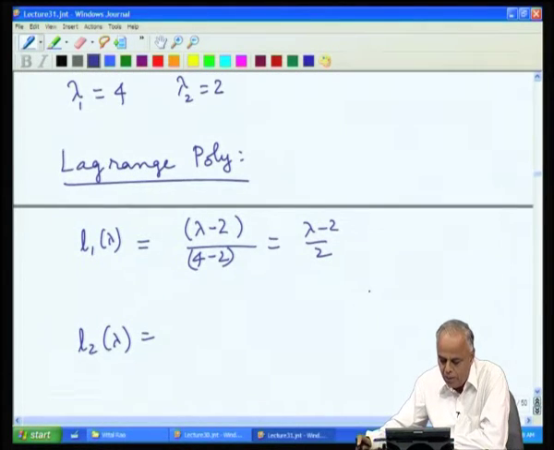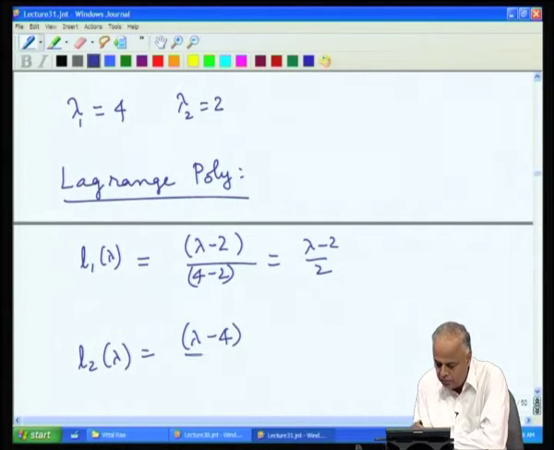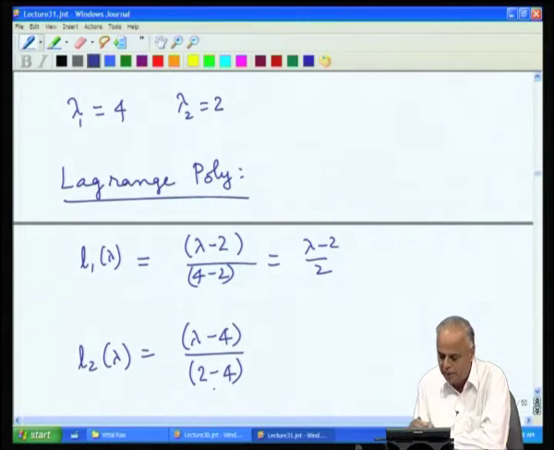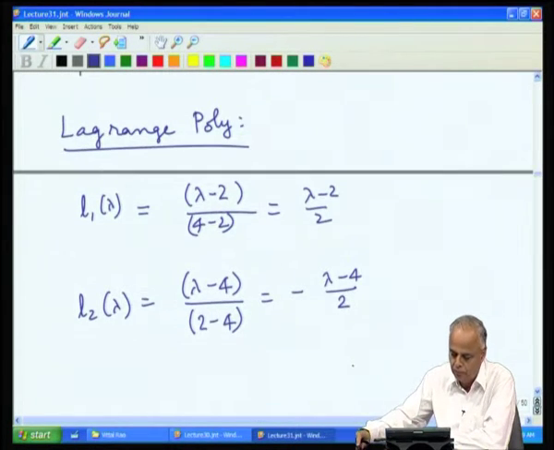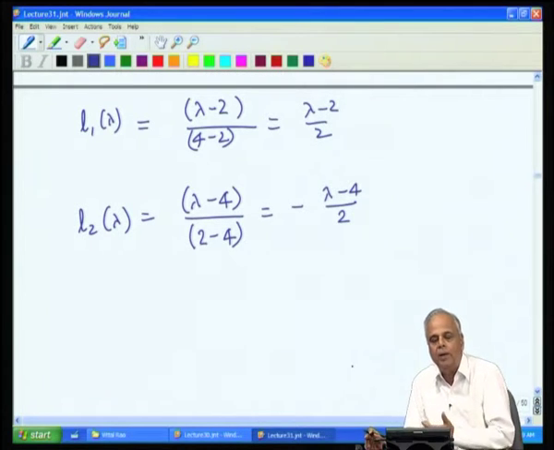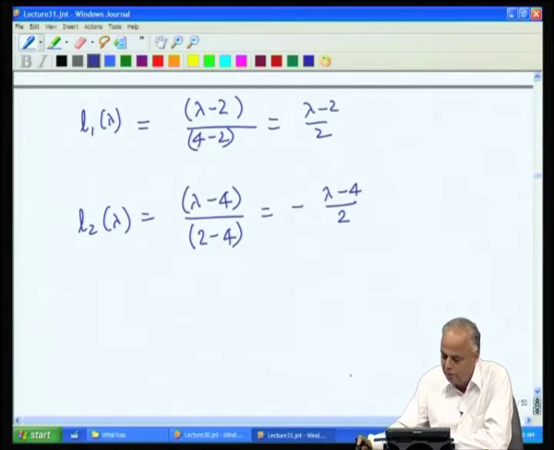To get the second one, skip the second eigenvalue and write only the factor involved in the first eigenvalue, and in the denominator replace lambda by the second eigenvalue, you get minus (lambda minus 4) by 2. So, these are the only two Lagrange interpolation polynomials for this matrix, because there are only two distinct eigenvalues.